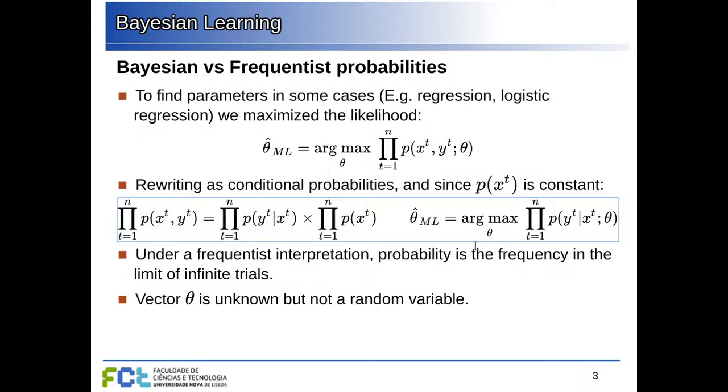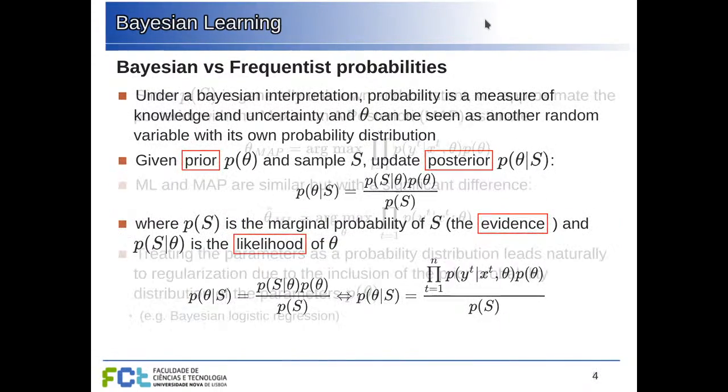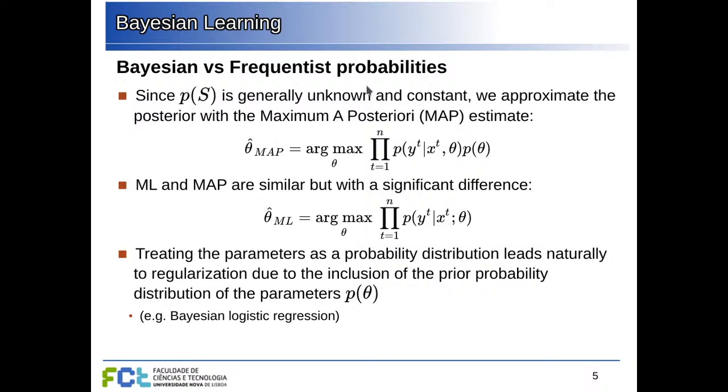And so we maximize this conditional probability for maximum likelihood. We can do something similar in the Bayesian approach, where we maximize the a posteriori in this case by ignoring the probability distribution of our sample. So we generally don't know what is the probability distribution of the data, but we can focus on the rest.